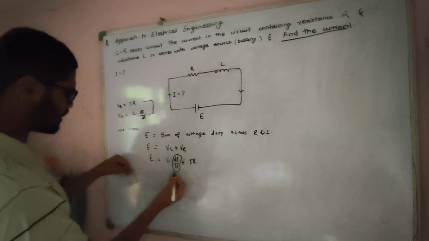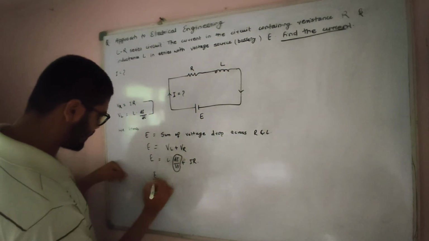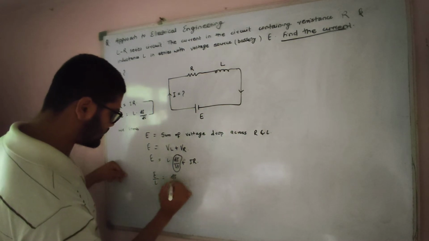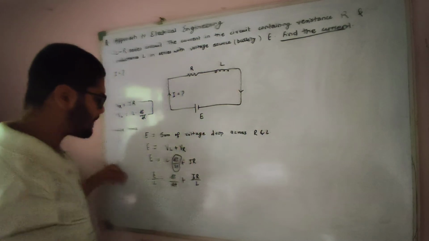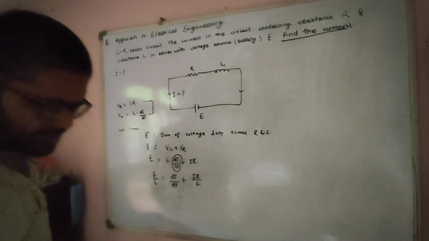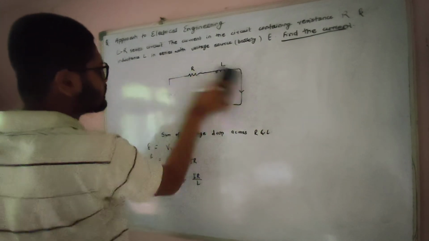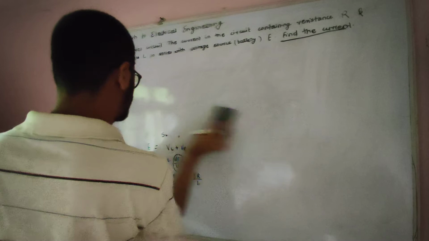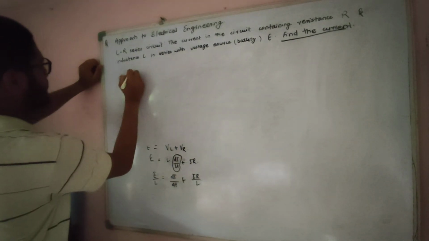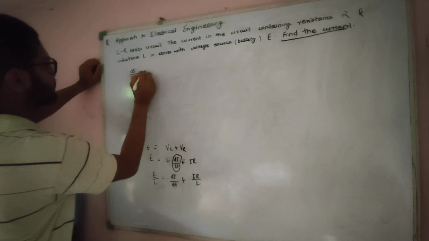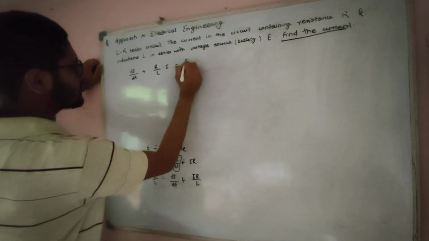Now if we modify this equation a little, we get E by L is equal to di by dt plus IR by L. I'll write it above, as we don't need these things now. The equation is di by dt plus R by L times I is equal to E by L.